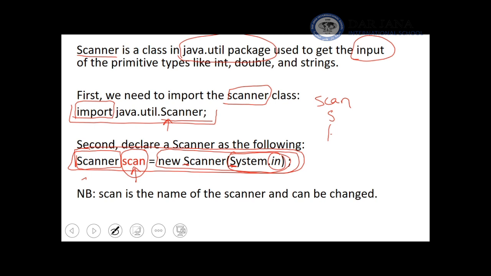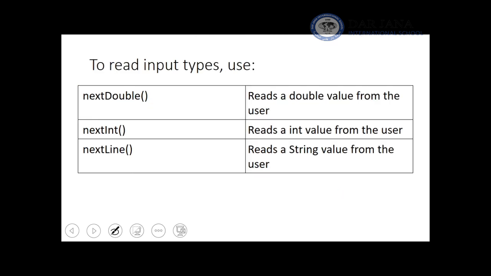Okay, now I have the object scan. How to use this object? Keep in mind that when you are reading a double value, you have to use a function called nextDouble, and D is capital.